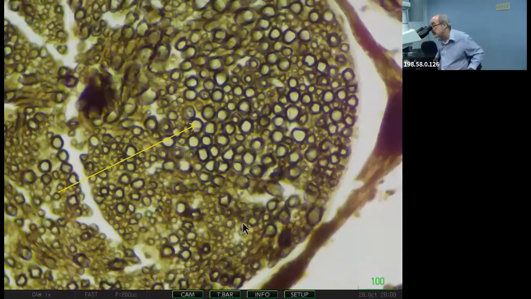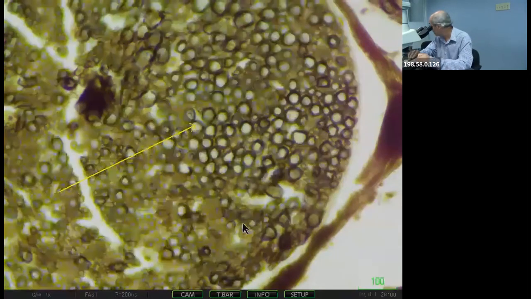It will stain the lipids in both cases. So remember, when you see this staining, the lipids are stained in brown. What you have in brown here will be your myelin sheath, and the center of the ring will be your axon. Are we okay with that? So you have to remember that.